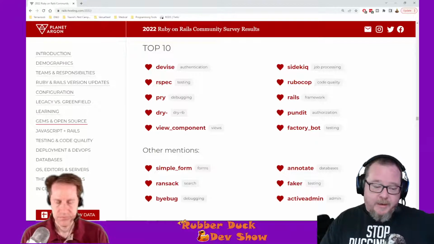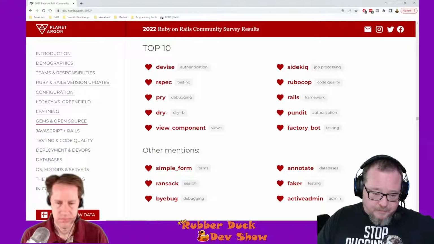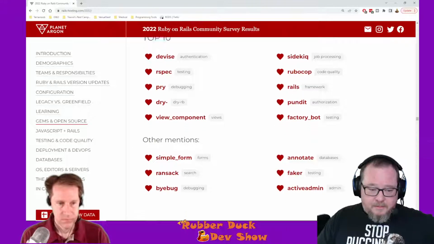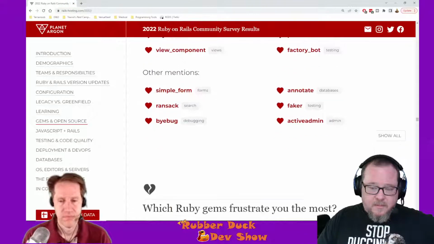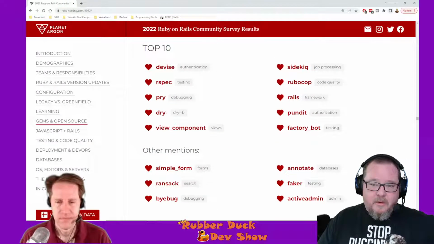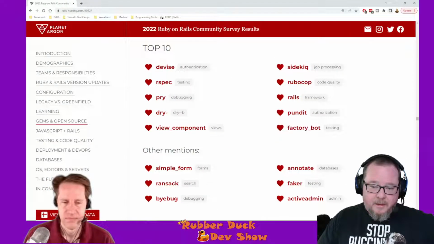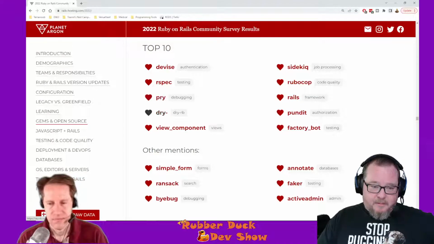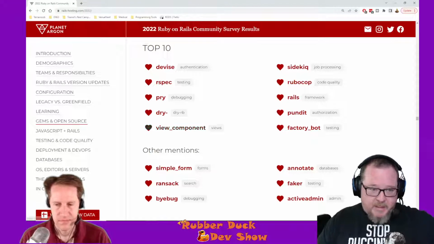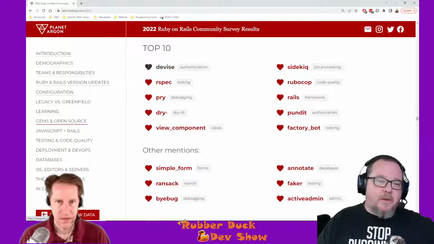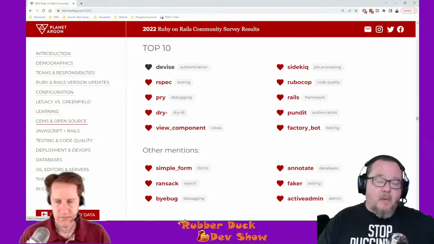I always liked Faker. Yeah, those are all good. Sidekiq, RuboCop, Rails, Pundit, Factory Bot, TryRB, RSpec, Devise. I use those on a daily basis. Well, sorry, not Devise.